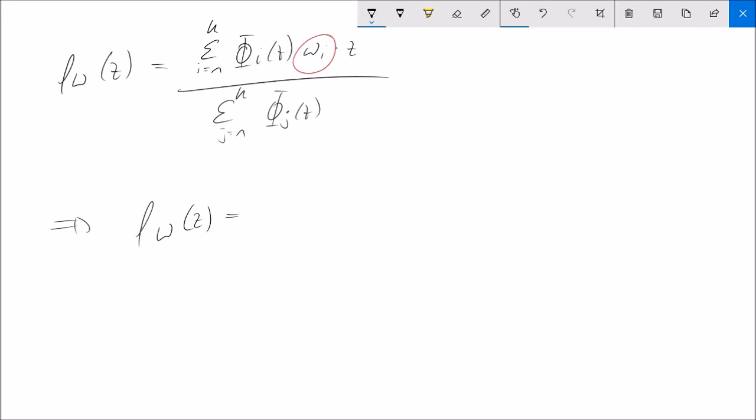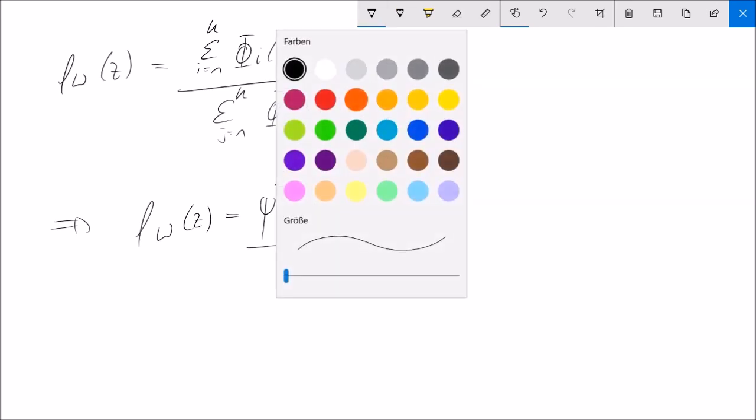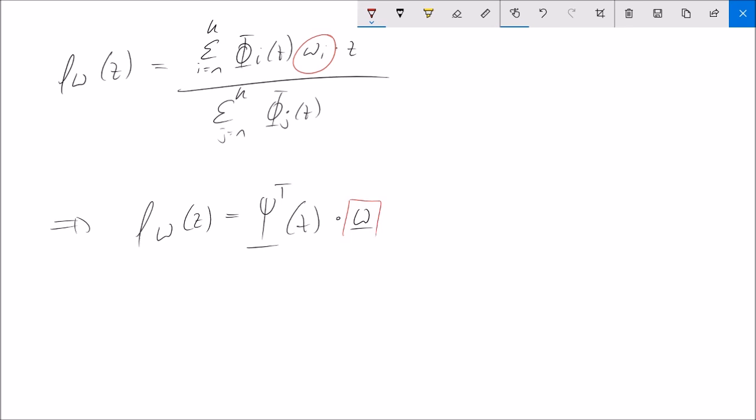Here again we have our forcing function, but now we are rewriting this as a vector, and this vector is transposed and multiplied by a weighting vector w. And this weighting vector w is what we want to estimate by using measurements or measurement data.